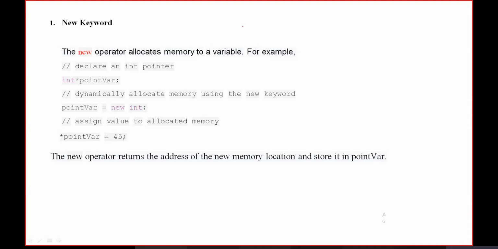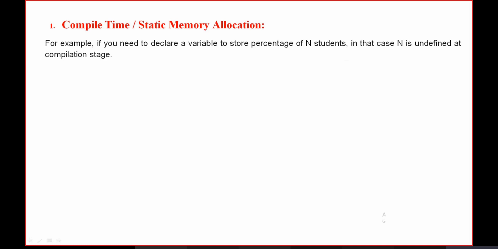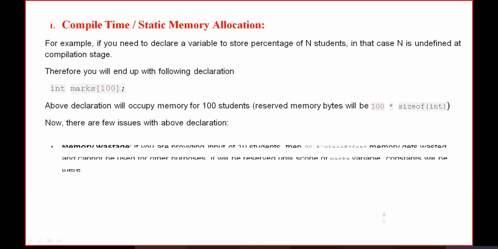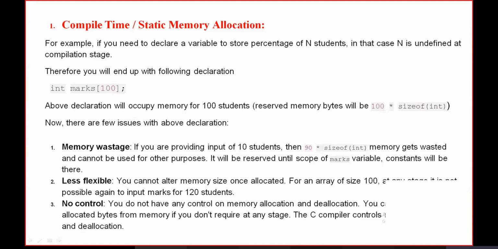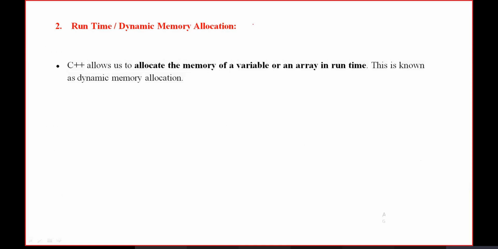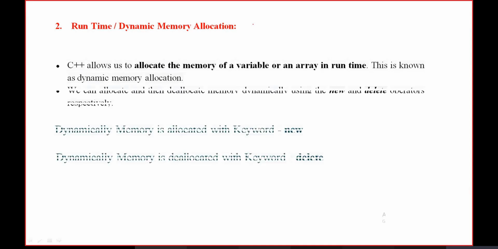The memory allocation topic, and we saw what the two types of memory allocation are: compile time and runtime, that is static time or dynamic memory allocation. So we saw a few disadvantages of the static or compile time memory allocation, right? And in order to avoid those, we opted for dynamic memory allocation, right?